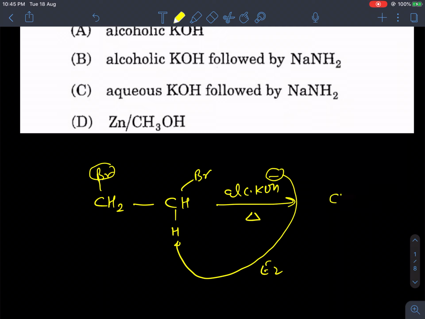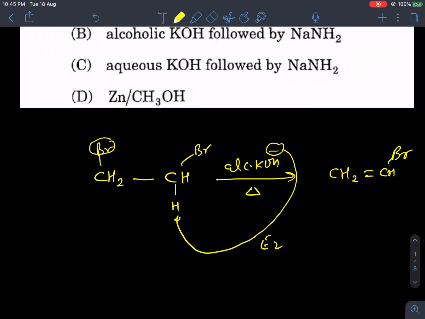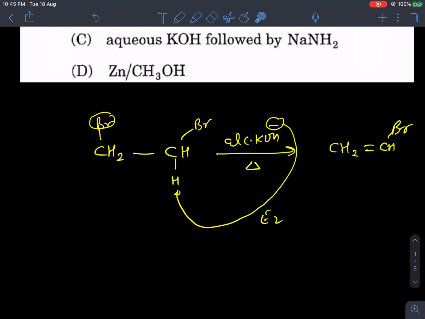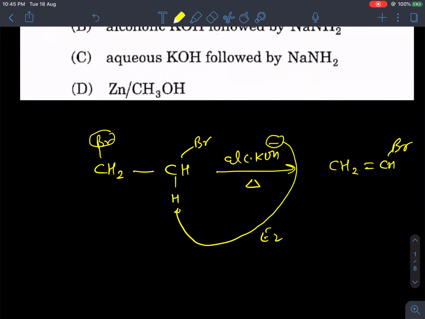Now the biggest problem with this molecule is that the removal of this hydrogen will be even more difficult. Removing the hydrogen from sp3 carbon is much easier compared to removal from here, because of many reasons.